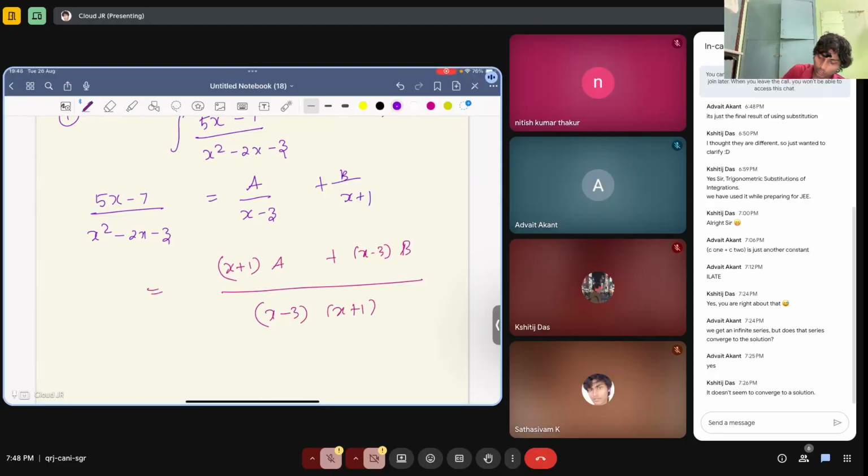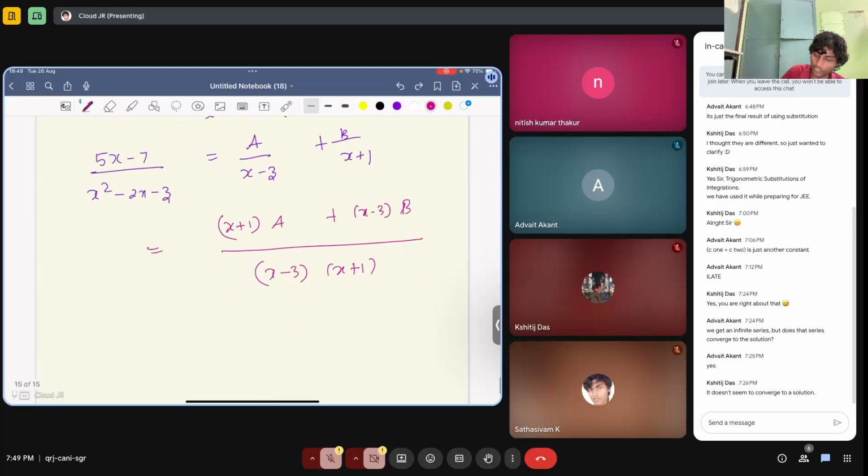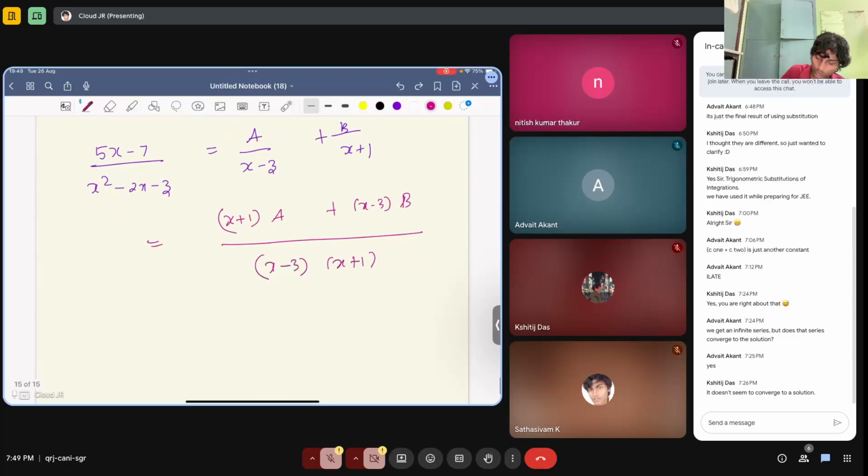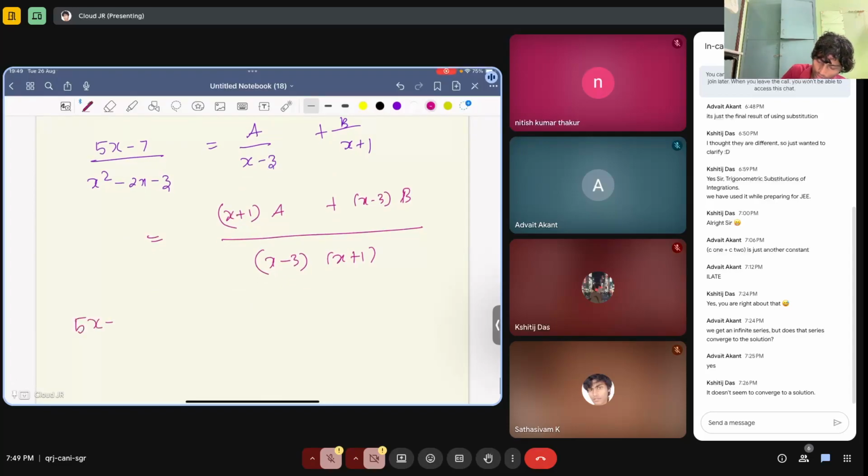Now the denominators are the same, so I can cancel the denominator and just look at the numerator. How do you cancel the denominator? Take this polynomial to the other side, cross multiply, and then cancel out. So this tells you 5x minus 7 is nothing but x plus 1 times a plus x minus 3 times b.